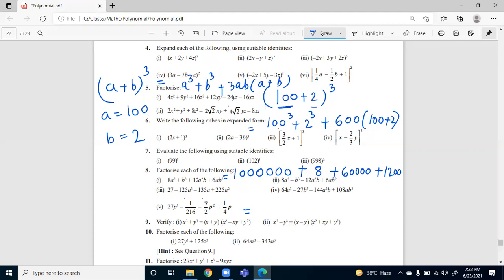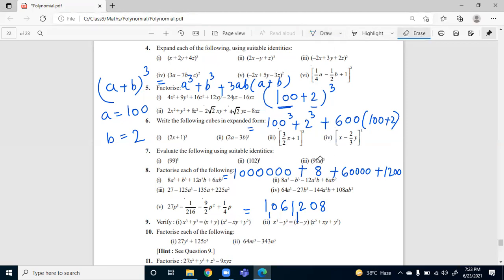Okay, then tell me. I'm getting 1061208. Same. This is the correct answer. Ten lakh 61,208. Okay.